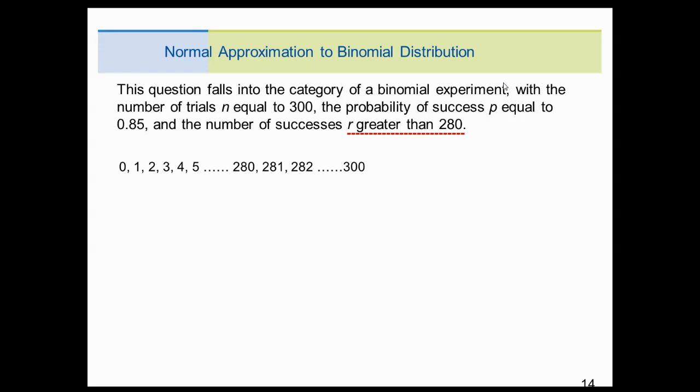All right. This falls into the category of a binomial experiment, but we're going to use the normal distribution to approximate this. Now, you have to say to yourself, if I'm going to use the normal to approximate something I already know, maybe I could use binomial PDF or maybe binomial CDF.